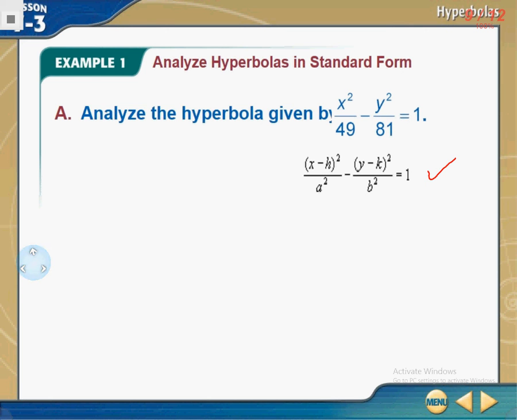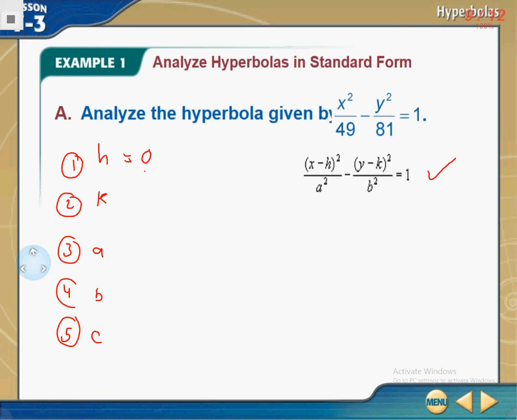Before you solve anything, you need to find 5 things: h, k, a, b, and c. All of these things you can find directly here. The first one, h, is the number with x. So this will be 0.